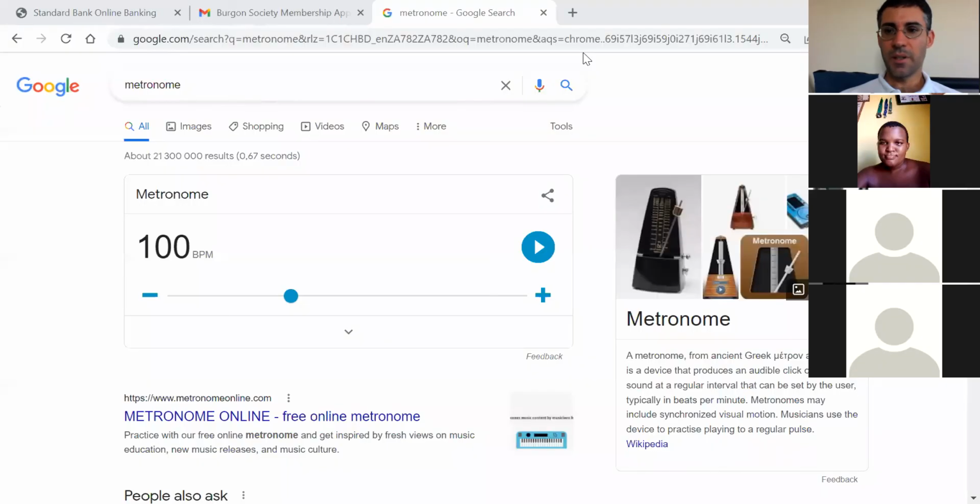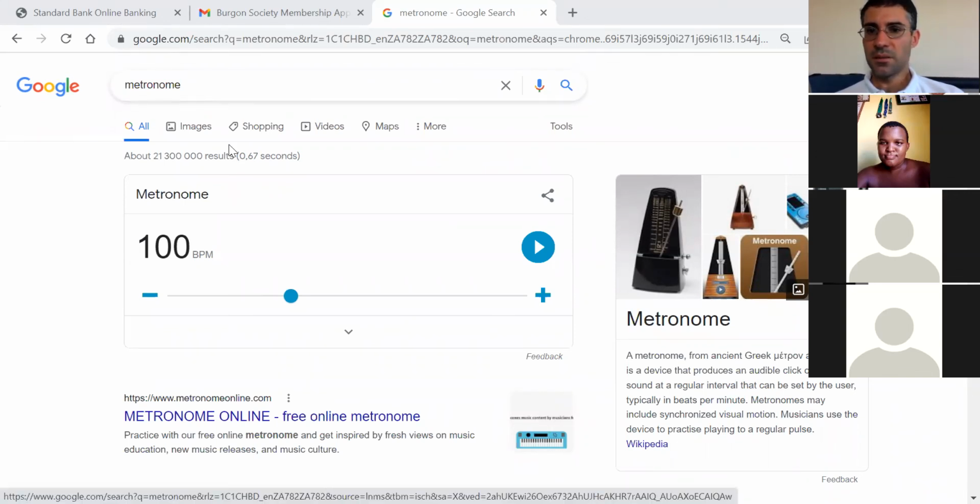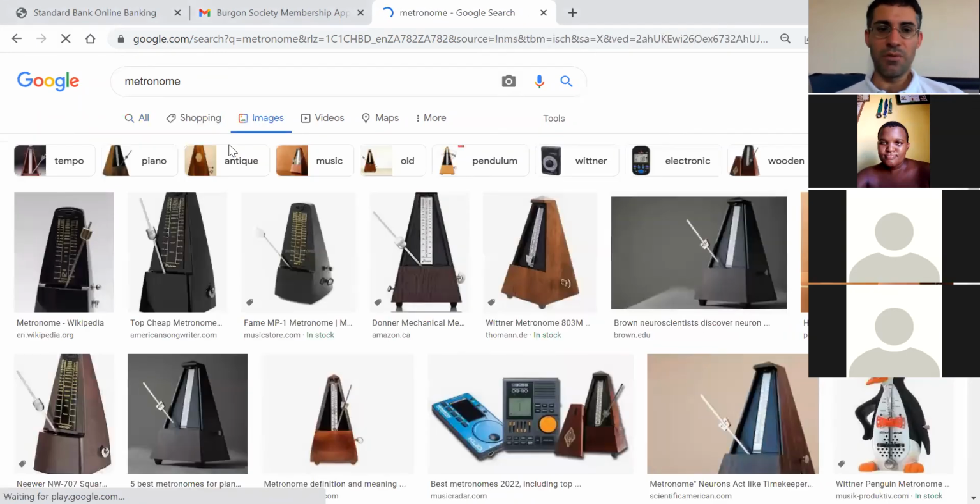Let me just show you something here. Just tell me when you can see the online page. Can you see it now? Yes, sir. Okay, let me show you a picture of a metronome.